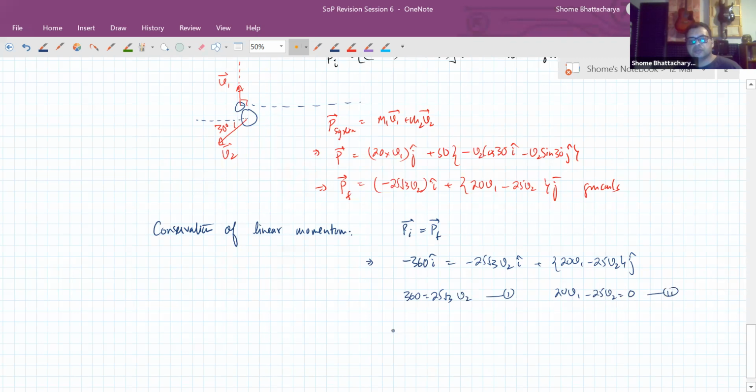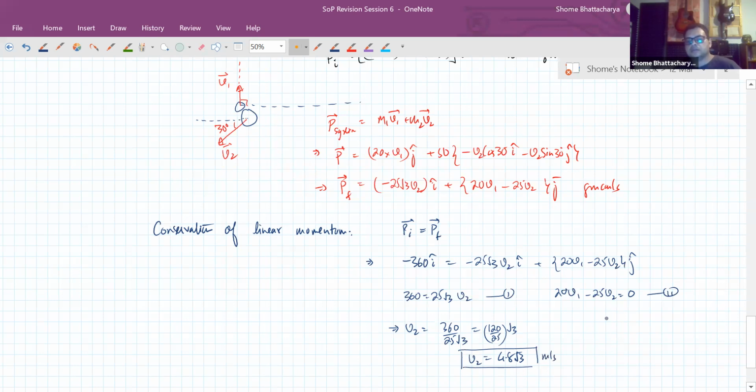That's equation 2. So this is giving us v2 as 360 upon 25 root 3, which gives us a much more feasible answer.